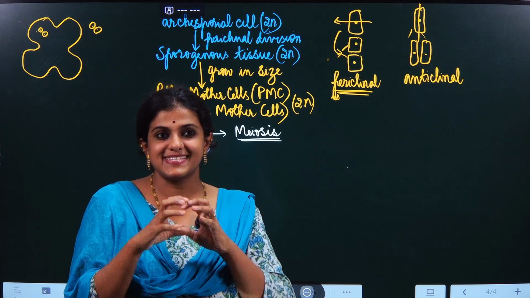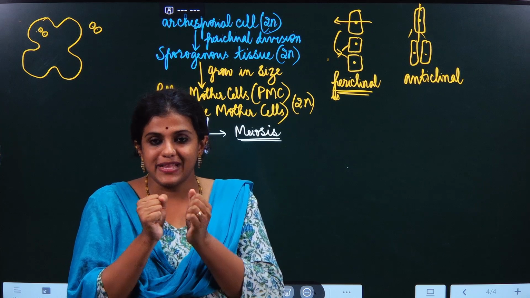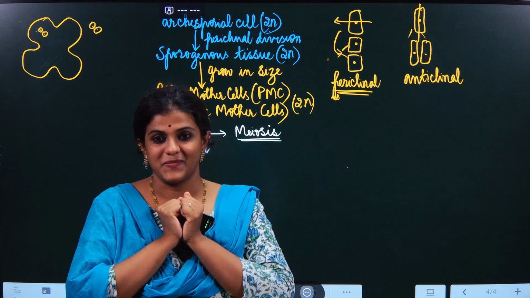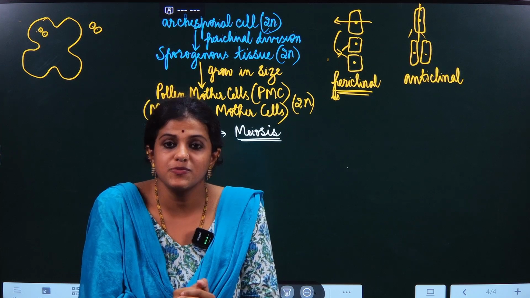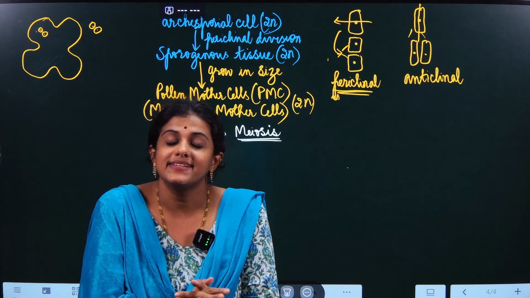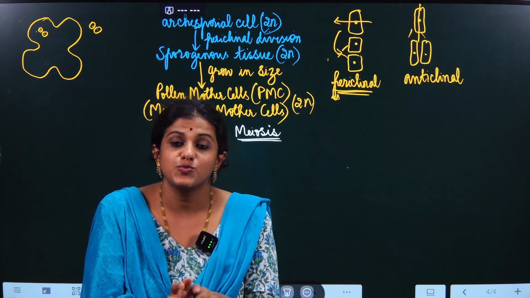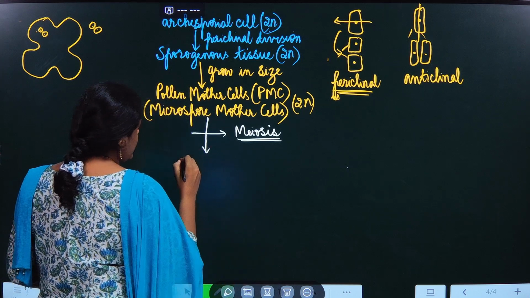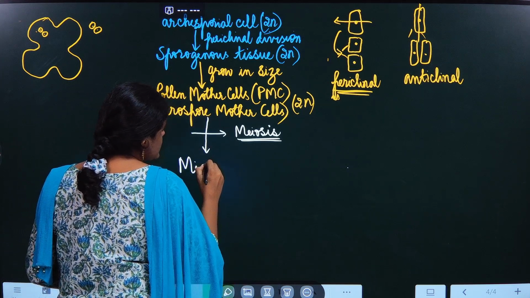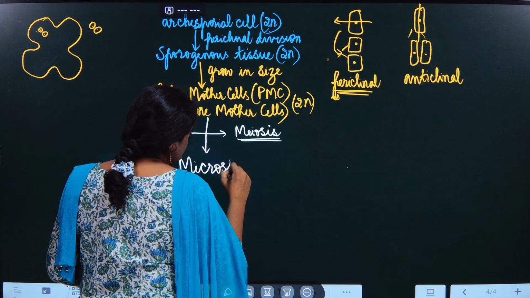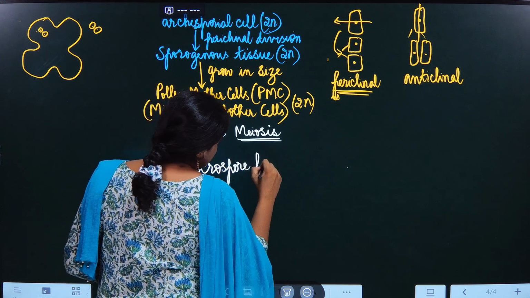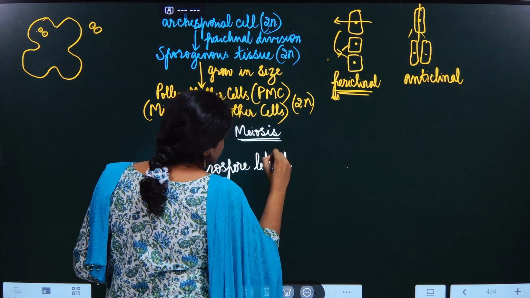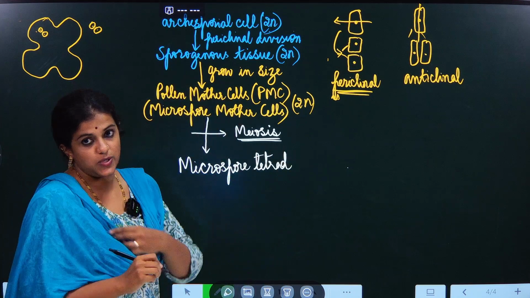All those 4 will be together as a cluster, and that's why we call it a microspore tetrad. So the pollen mother cell will produce a microspore tetrad.